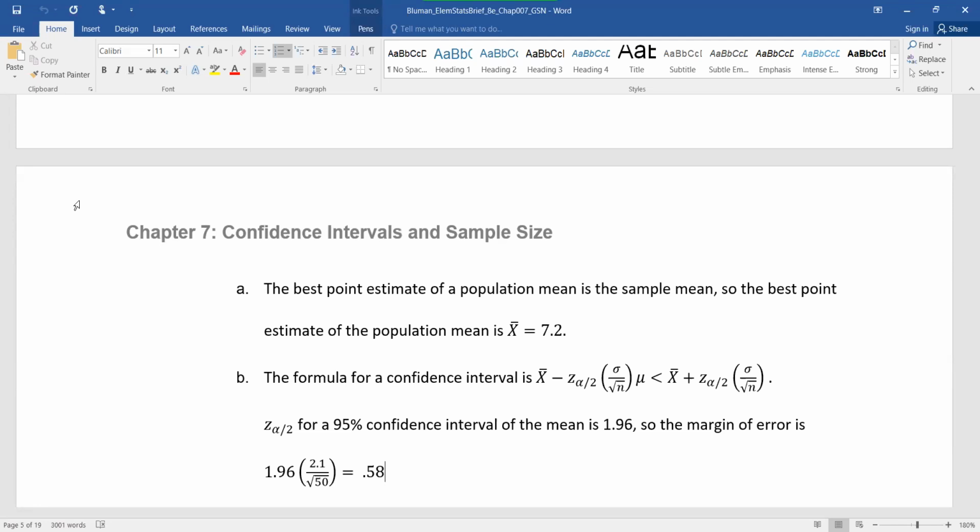Okay. All right. So the next part says find the 95% confidence interval of the mean of the number of jobs. So the way we're going to do that is we have to calculate what this part is. We've got our mean of 7.2. If we're doing the 95 percentile, my alpha would be what?